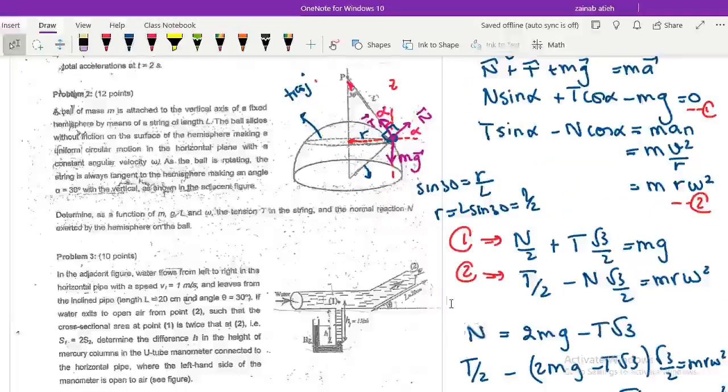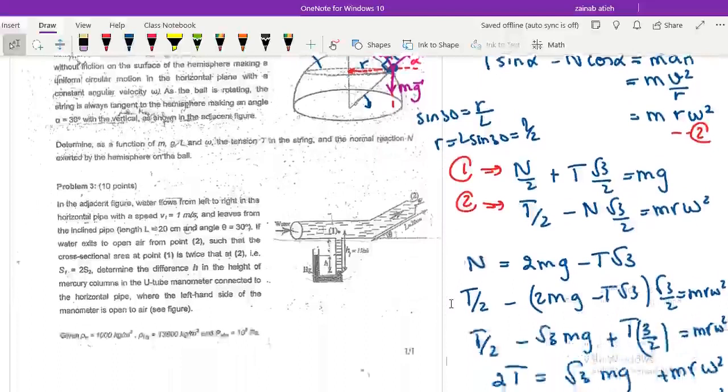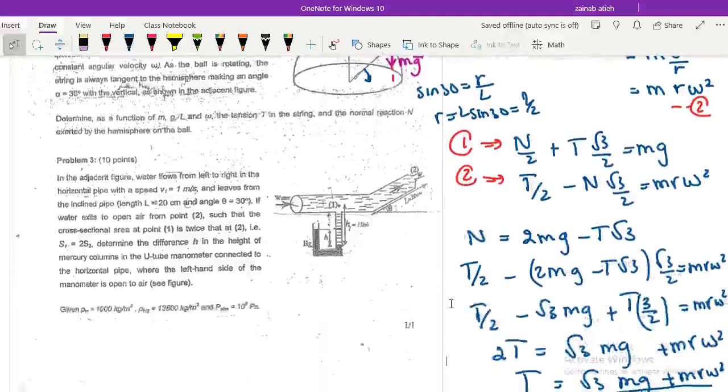I will now do problem 3 in the same exam. It says: in the adjacent figure, water flows from left to right in the horizontal pipe with a speed v1 equals 1 meter per second and leaves from the inclined pipe of length L equals 20 centimeters and angle 30.